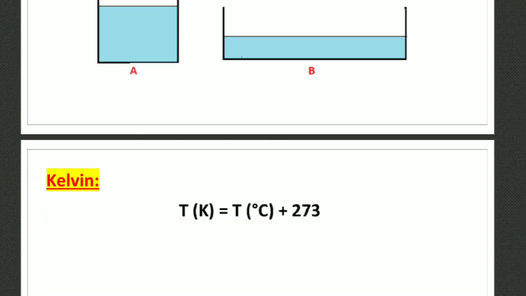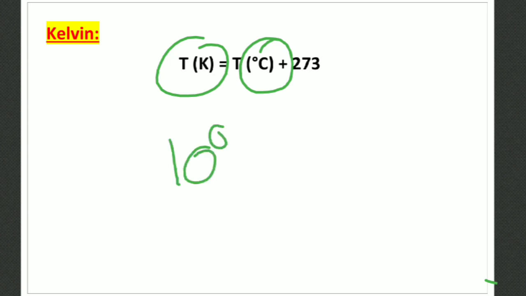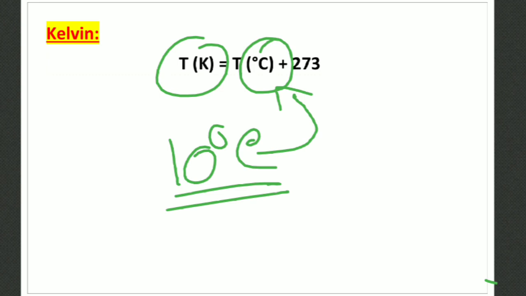Now, this is the formula to convert from the Celsius scale to the Kelvin scale. If any value is given, suppose 10 degrees Celsius, to convert it you just have to put this value in the formula, then you will get K equal to 10 plus 273.